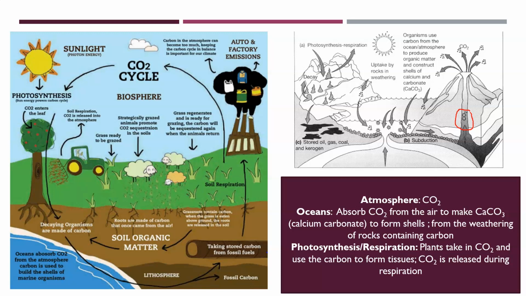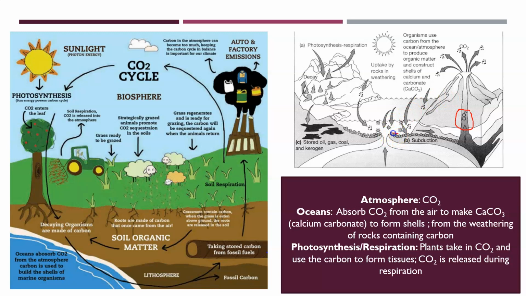Some of this carbon dioxide dissolves into the ocean, and it can go into and out of solution at the surface of the ocean, but as it filters down further, it gets incorporated into the shells of marine organisms to make calcium carbonate, CaCO3. This helps form their shells. That calcium stays in their shells until they die, and that shell then can get compressed into limestone in the ocean.